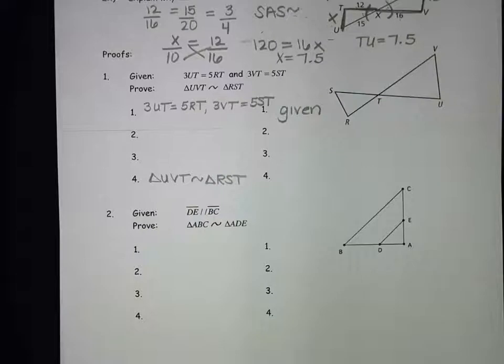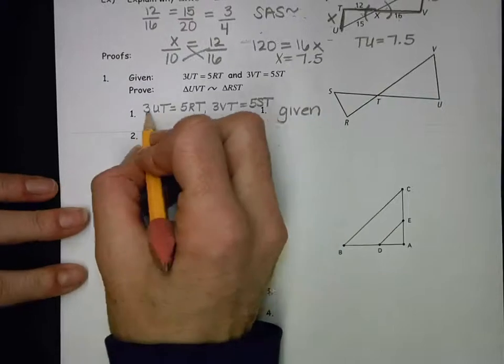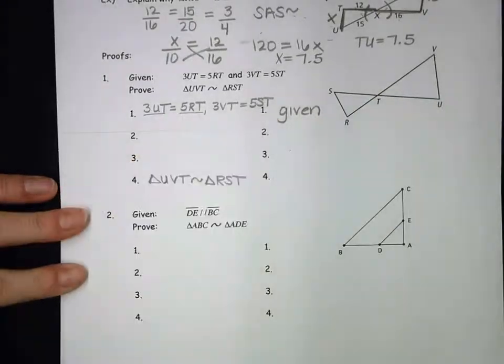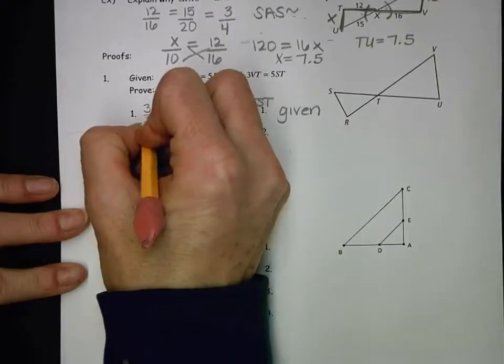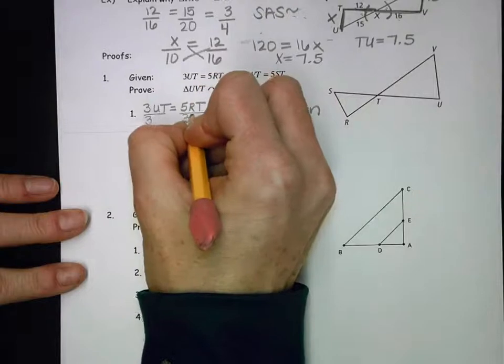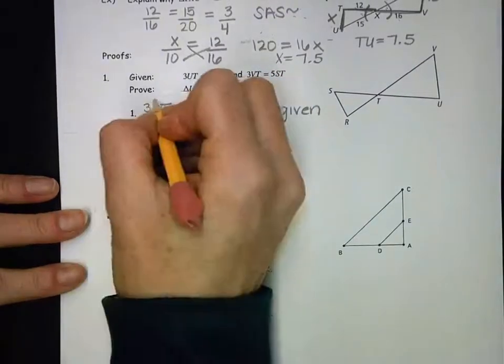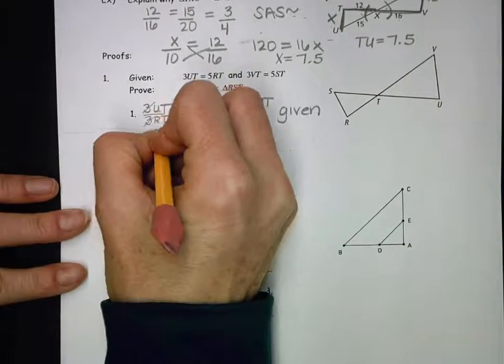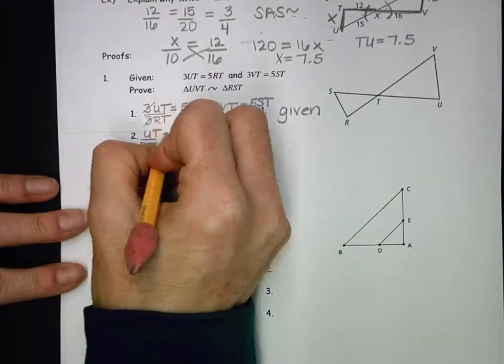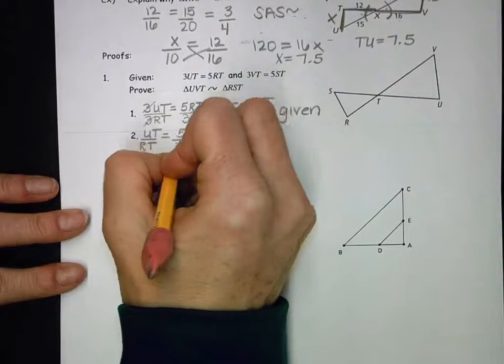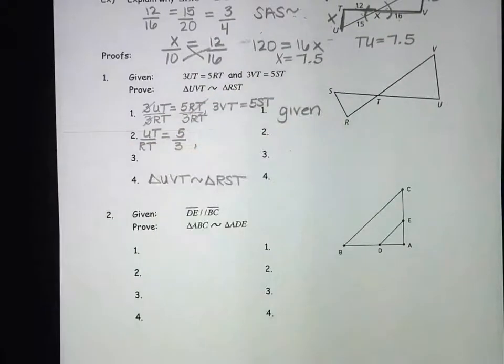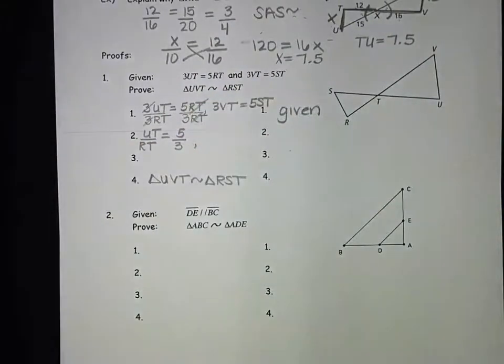The first thing we're going to try and do is we are going to try and get proportional sides. Based on this, what we can do is we can try and get side lengths that are proportional. For example, if I divide both sides by 3, and at the same time divide both sides by RT, what I then can do is get my 3's to cancel, and I'll be left with UT over RT equals 5 over 3. Now, our goal is to then get another proportional side that has the same ratio.